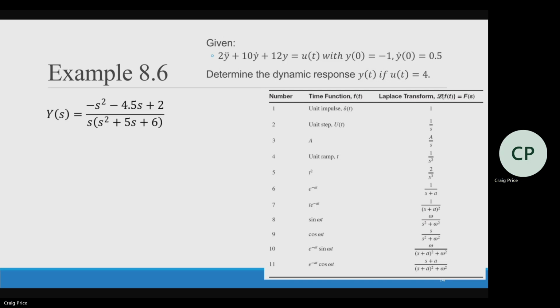This is a third order, so it's going to have 3 roots. What are those roots?